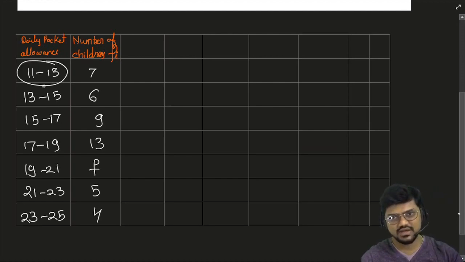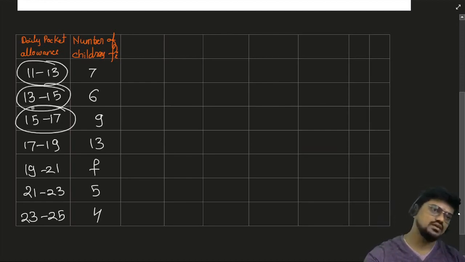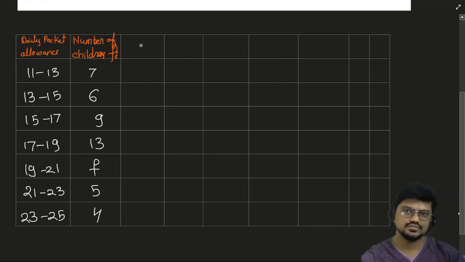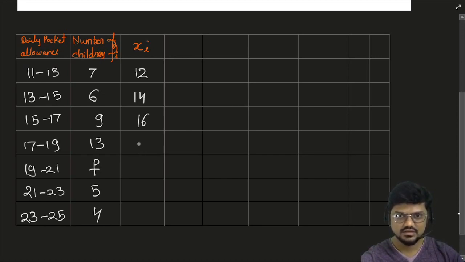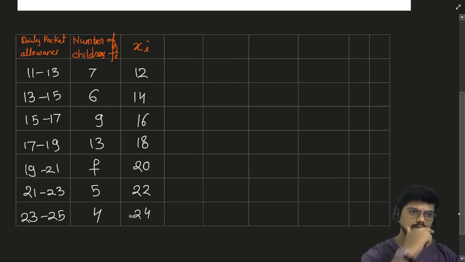Again, since they have given intervals, we'll have to find xi first. So your xi will be the middle value of this. That gives you 12, 14, 16, 18, 20, 22, and 24. Fine. So all these values you have as xi.